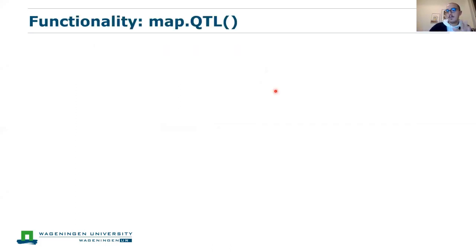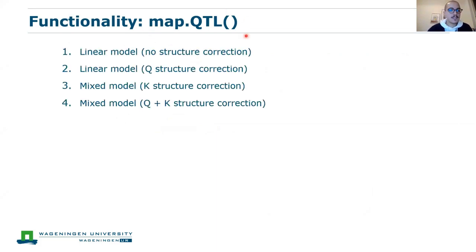Okay, but maybe more interesting than talking about the shape of the data is talking about the functionality of the software. The main function is called map QTL, which maps QTLs, not very imaginative. It can basically run 4 different versions of this mixed model. Two are without the mixed aspect, so they're linear models, either with no structure correction or with what is known as the Q structure correction, which I'll mention in a second.